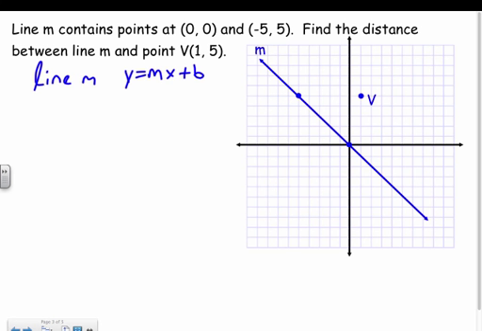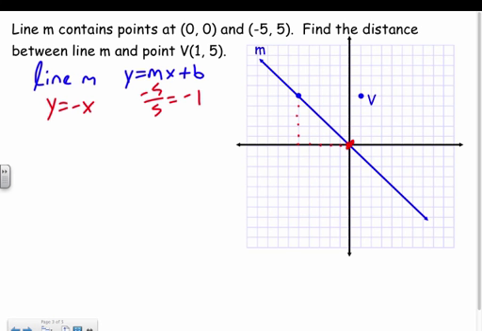From one point to the other, the rise would be down 1, 2, 3, 4, 5, so -5, right 1, 2, 3, 4, 5. -5 over 5, which is really -1. So my equation for line M would be y equals -1x, or I could just say -x, plus 0, because the y-intercept is at 0, isn't it? So there was my slope of -1, and y-intercept is 0.